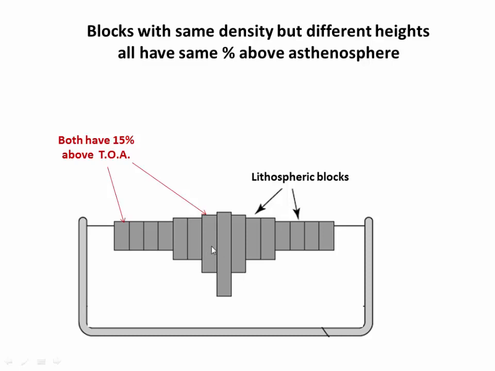But because they have the same density, they both have roughly 15% of their thickness floating above the top of the asthenosphere. This is exactly analogous to two icebergs, a large iceberg and a small iceberg. Because ice has the same density, both icebergs would have the same percentage floating above the top of the water.